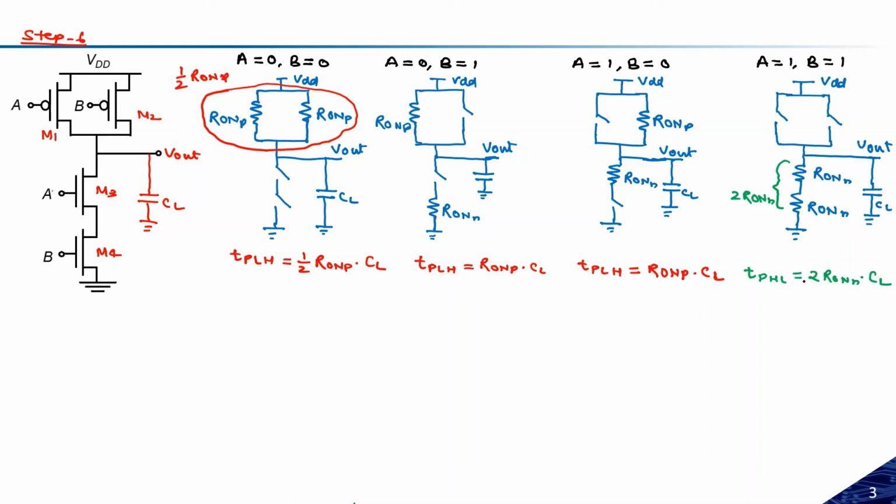In the first case, TPLH is half of the other 2 cases. We have to consider the worst case delay component to analyze any circuit. We cannot go for the minimum one. So we will not consider the first component; we will consider the second or the third component, and that will decide the worst case delay.